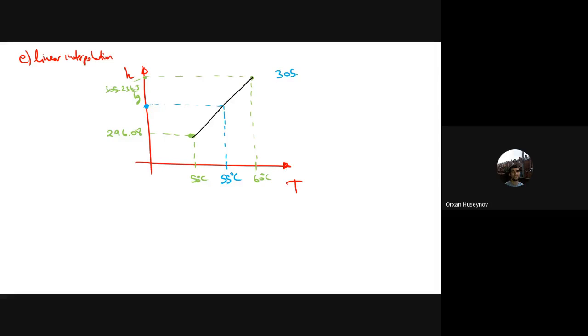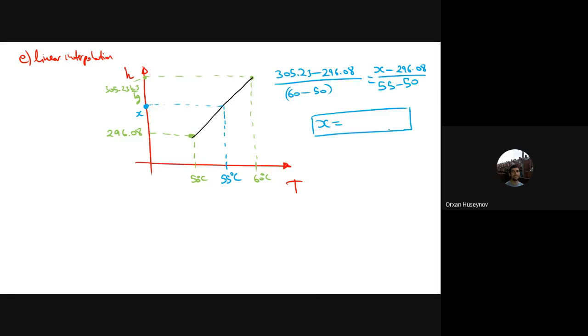Slope will say that this one, 23, minus the initial point, divided by 60 minus 50, should be equal to the value that I'm looking for here, which is x. So x minus again the slope, which is 296.08, divided by the similar temperature difference, 55 minus. You can work it out and find the value of x, and we can finish the example.